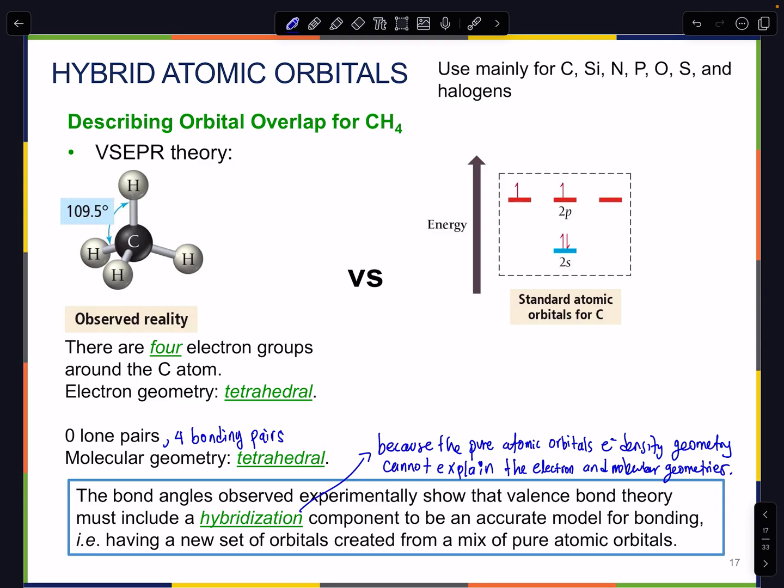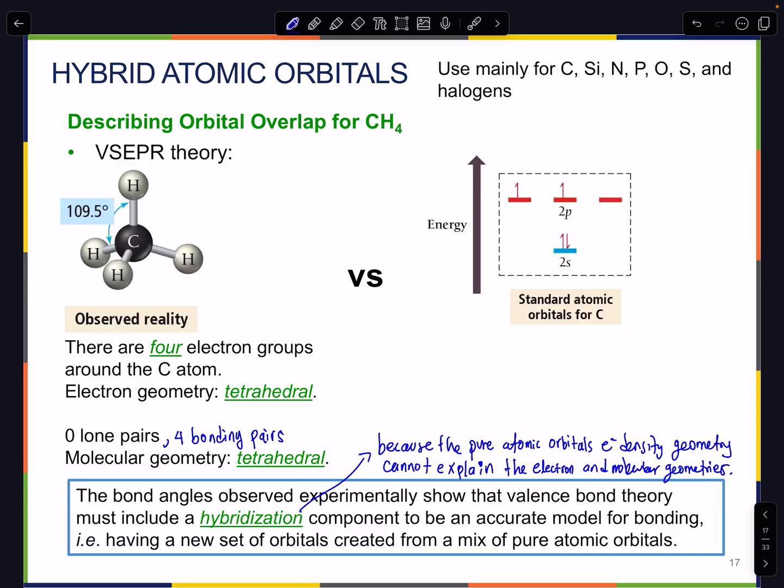When you have the trigonal planar electron geometry, the angle between those hybrid orbitals that we call sp2 is 120 degrees. You can move to the next level: four electron groups around the central atom. The corresponding electron geometry is tetrahedral, and the corresponding hybridization scheme is sp3, right? And in this case, we have four hybrid orbitals.